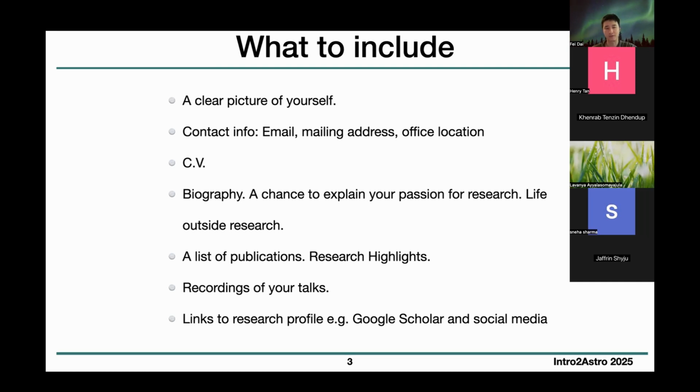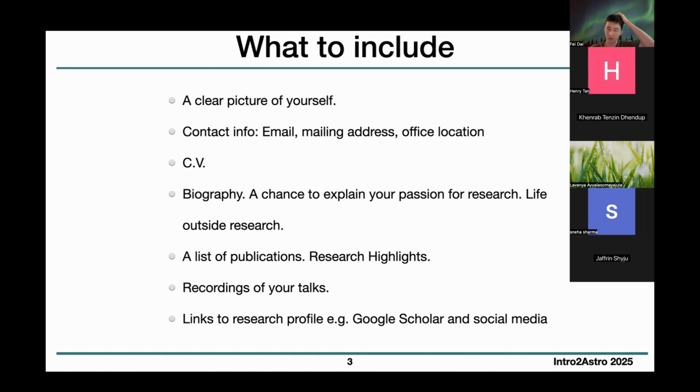Sometimes a brief autobiography could help. You can explain how you developed the passion for science, or for astronomy in this case. And you can showcase your life outside research, what kind of hobbies you have, to make yourself more relatable. As you progress further in your career, you start to have publications, and you can make a list of publications and research highlights and put it in your personal website.